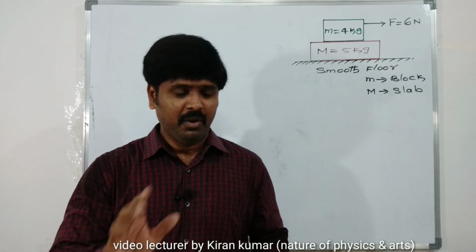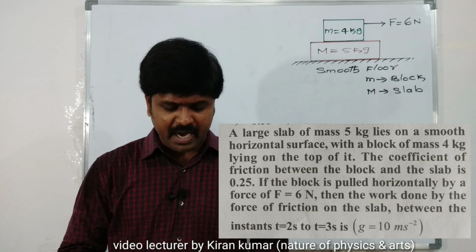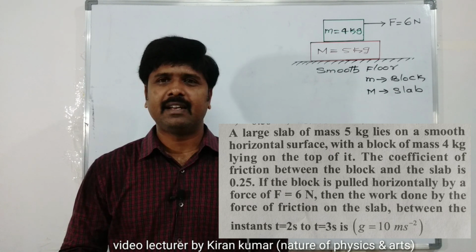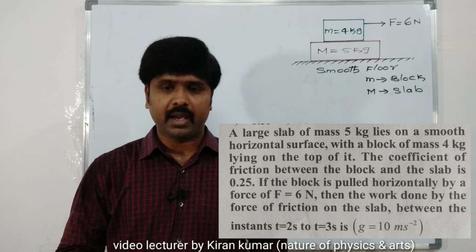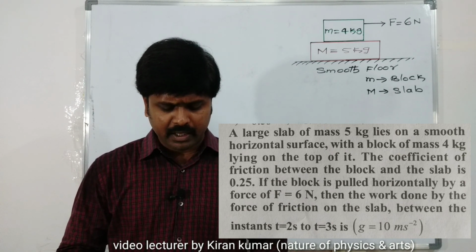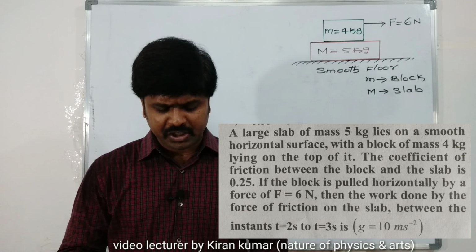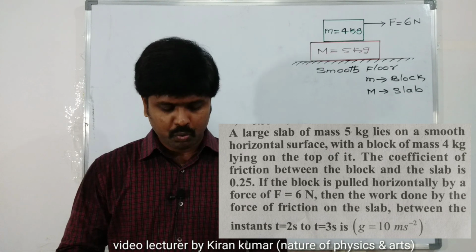Hello. Now, a numerical: a large slab of mass 5 kg lies on a smooth horizontal surface with a block of mass 4 kg lying on top of it. The coefficient of friction between the block and the slab is 0.25.